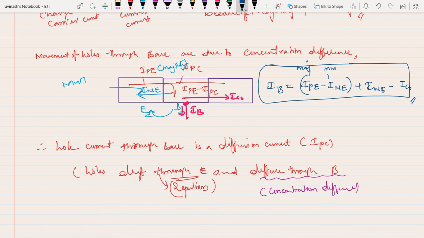This will be the total equation. So thereby IB is equal to IPE minus IPC.